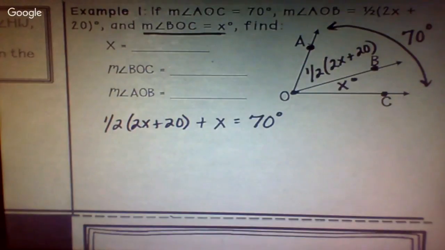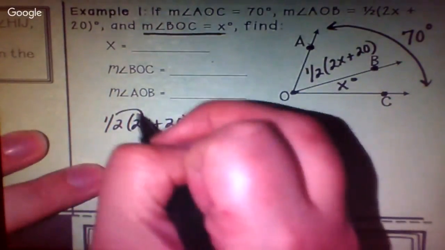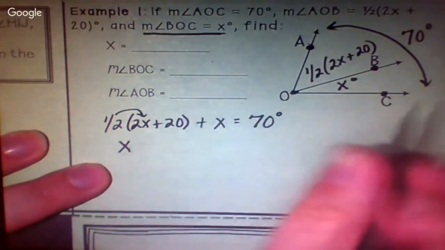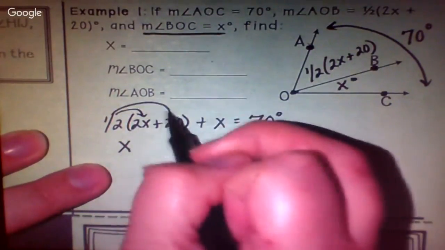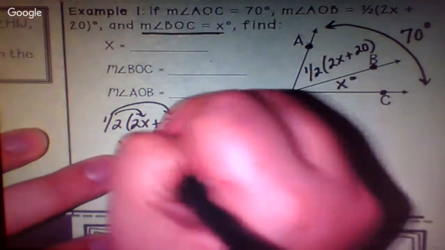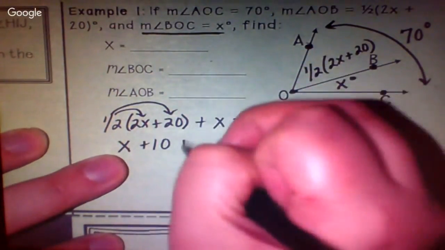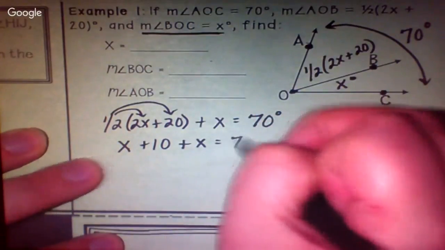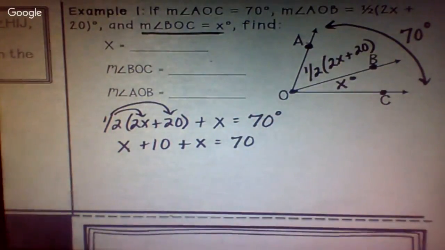What's my first step to getting x by itself? Distribute my 1/2. When I distribute that 1/2, what's half of 2x? Just x. So if I distribute this 1/2 here, I have x. If I distribute it to the 20, I've got 10. Nothing else changes. So this x comes down and my 70 comes down.